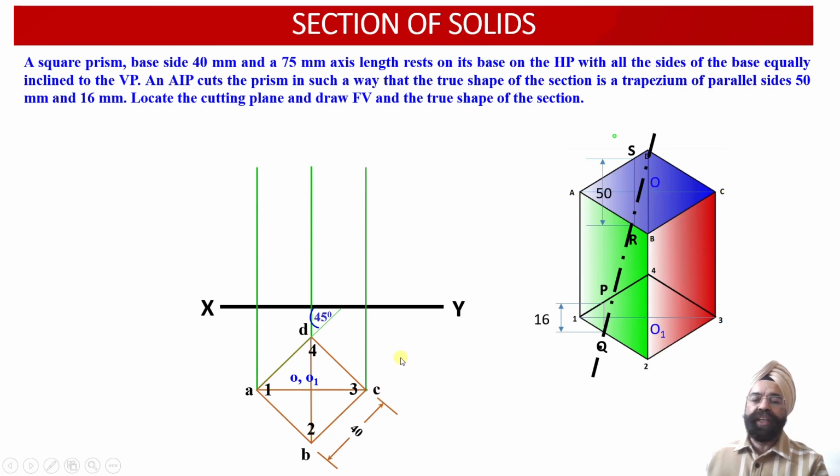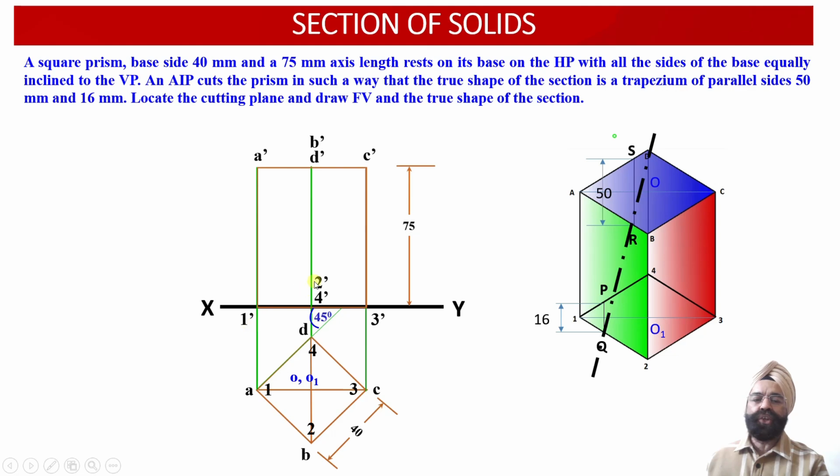So having obtained the top view projections, let us proceed to evaluate the front view projections of the square prism. We know that the axis height is equal to 75 millimeter. Now we can obtain the front view projections of the square prism in which points A dash, B dash, C dash and D dash have been obtained corresponding to the top face of the square prism.